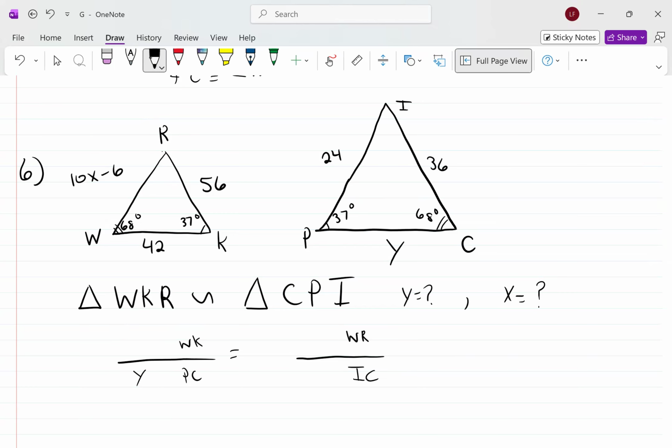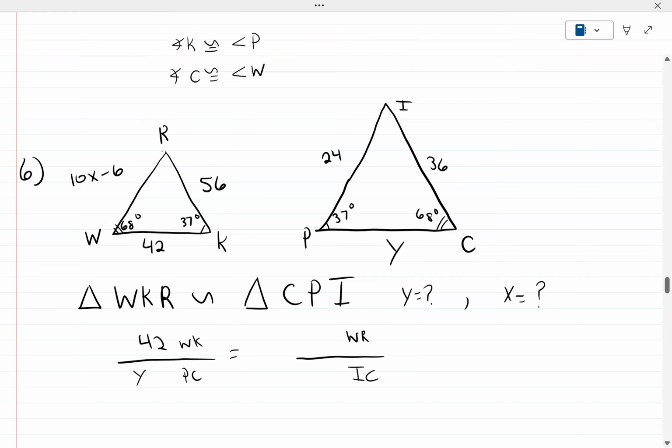So it's really, WK is 42, and then WR is 10x minus 6.